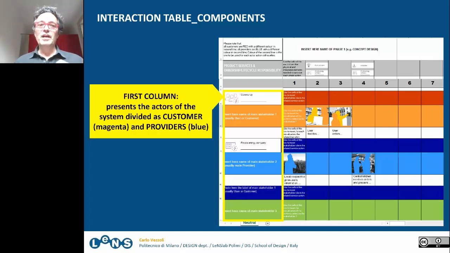The customers are red highlighted in the upper side, and the providers are blue in the first darker arrow, and then we have a different type of color for the different type of actor.